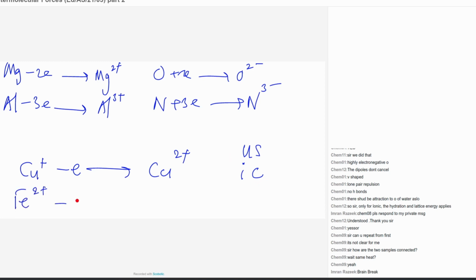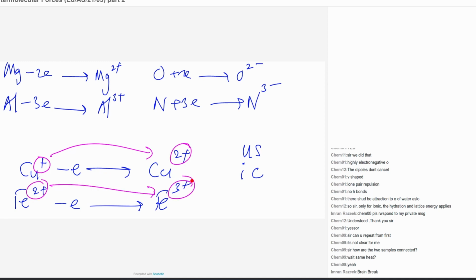Fe2+ loses an electron to form Fe3+. Fe2+ is ferrous. Fe3+ is ferric. Now, when the oxidation state is increased from + to 2+, or from 2+ to 3+, how can we increase the oxidation state? By losing electrons. When a species loses electrons, it increases the oxidation state. Clear?